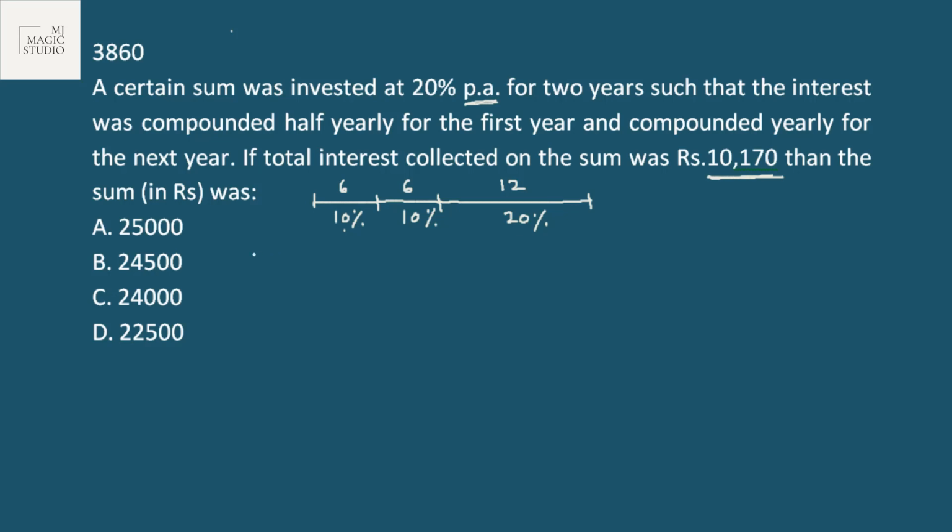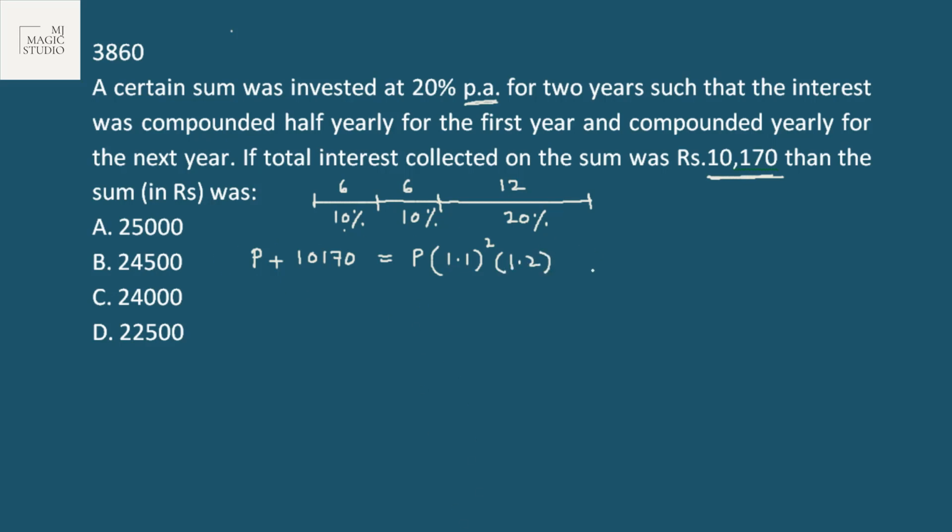We know that principal plus interest is equal to amount. So P plus 10170 is equal to amount. And the formula for calculation of amount is P into 1 plus i to the power n first, then 1 plus i, then 1 plus i. So it would be 1.1 into 1.1, that is square, into 1.2.